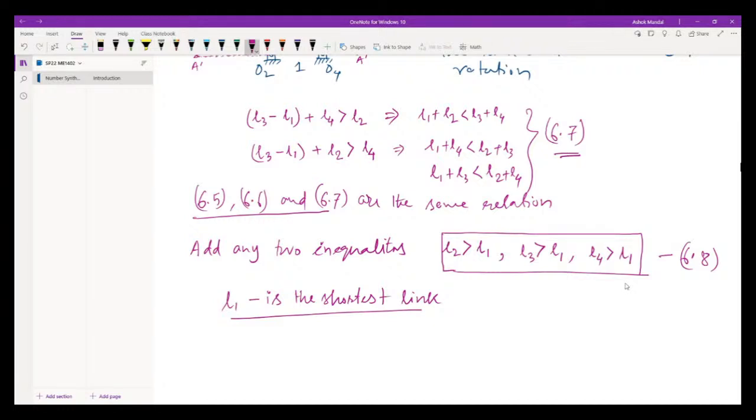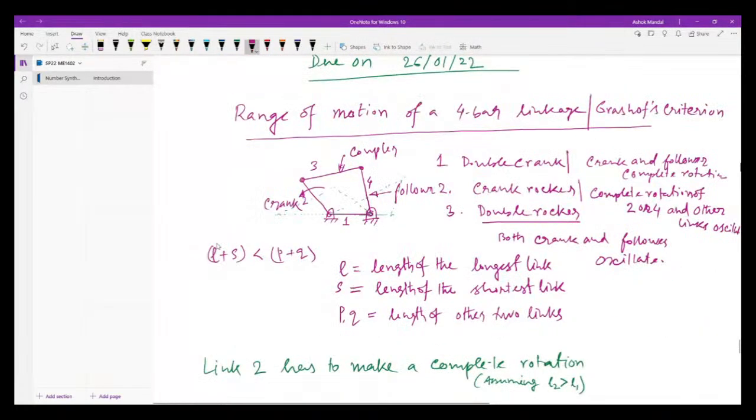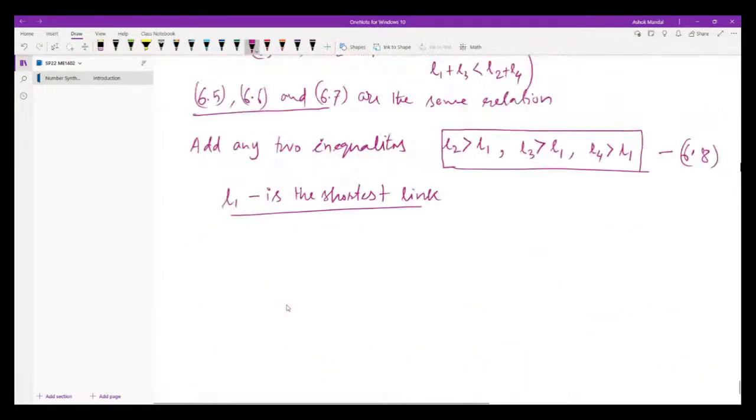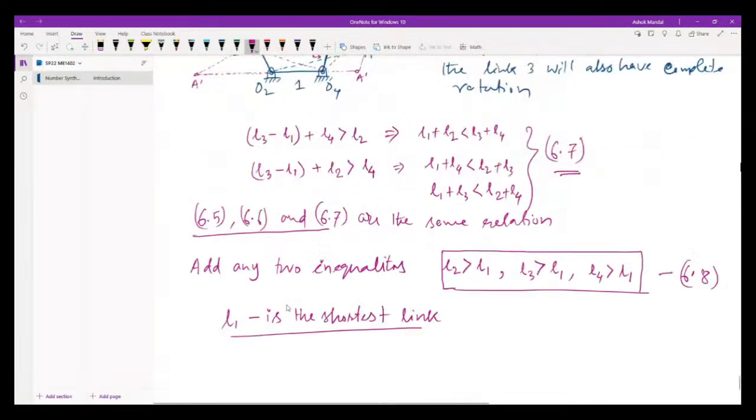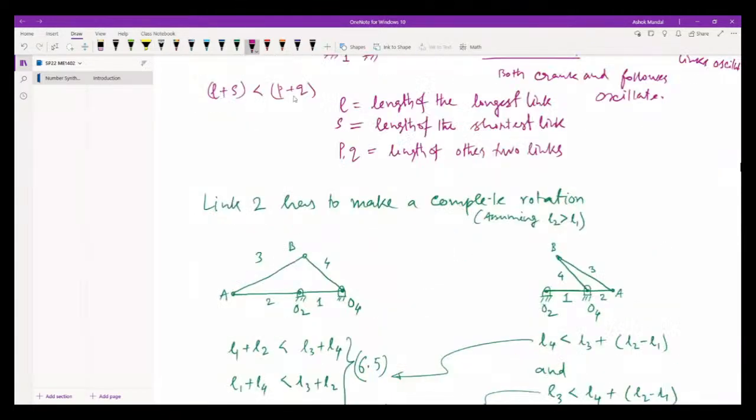All right. Now from here, can you see that this is proved? L1 is the shortest link. That is always less than the other two links. And then if you use these inequalities again, these three inequalities are nothing but this one.